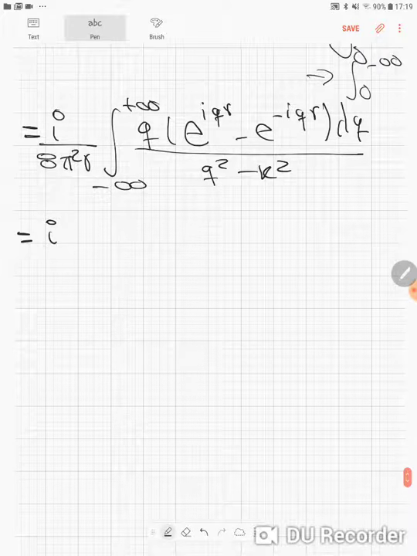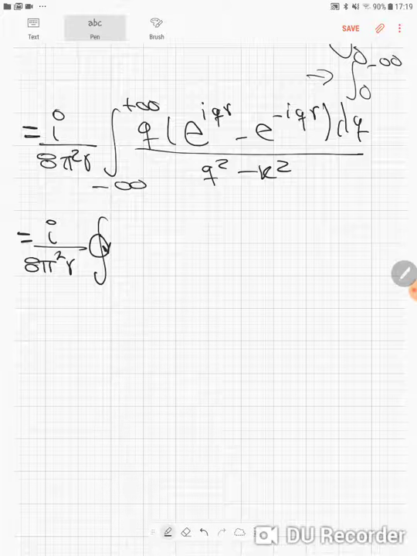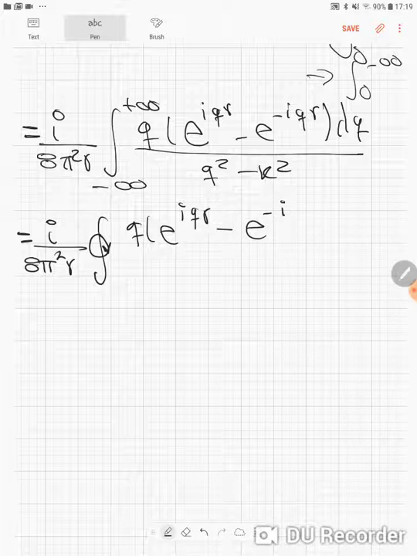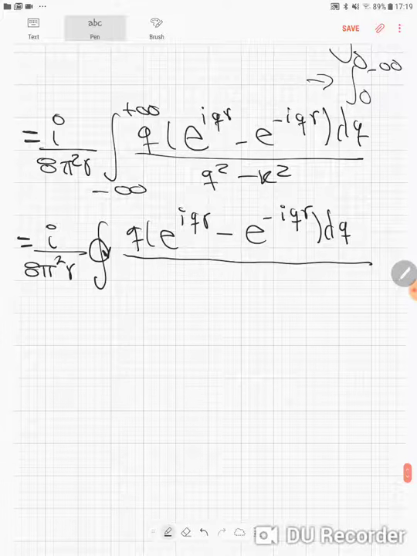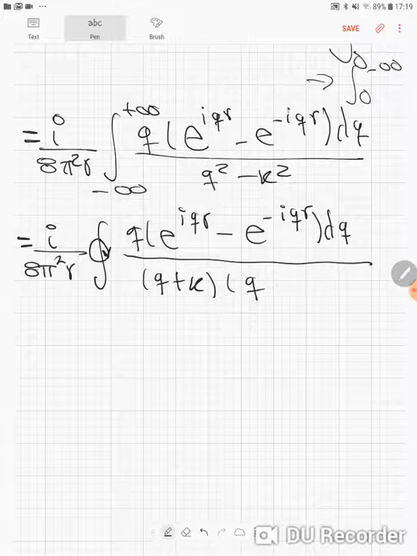So then we write i divided by 8 pi square r, integral over some circle, that's going to be two semicircles, of q e to the iqr minus e to the minus iqr dq, divided by q plus k and q minus k.